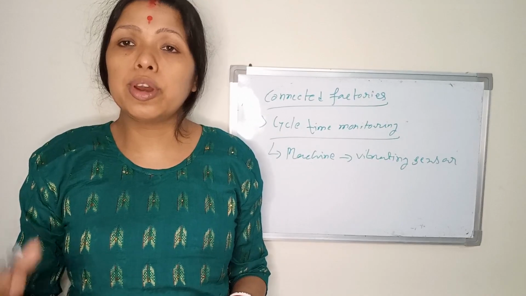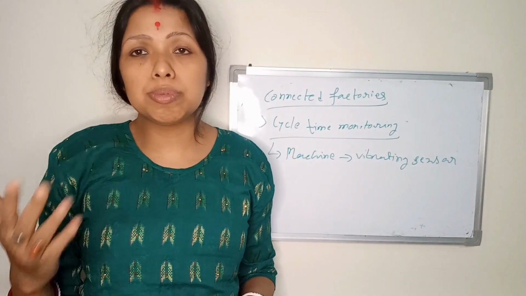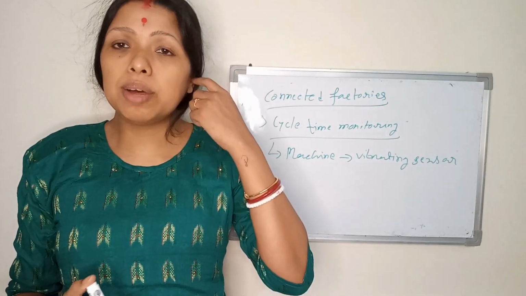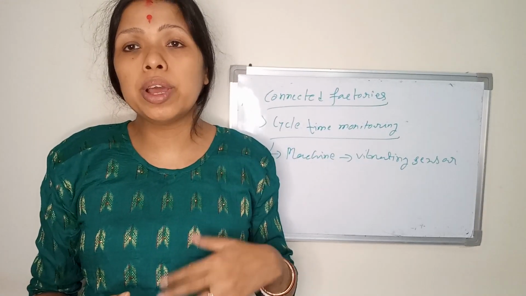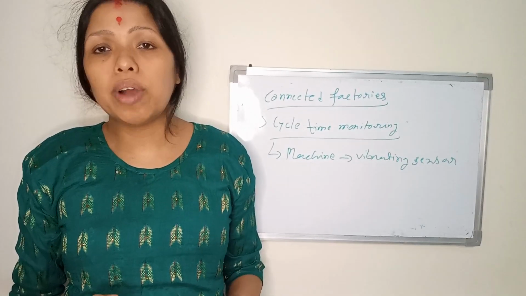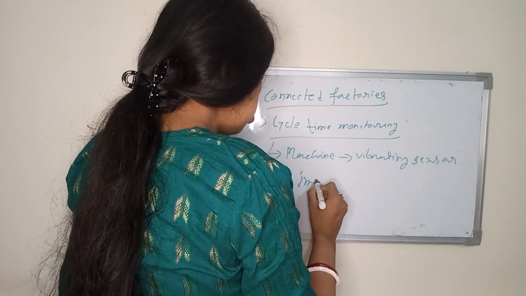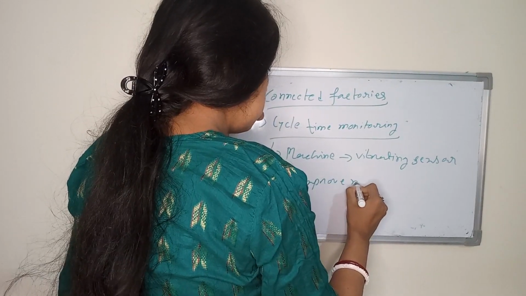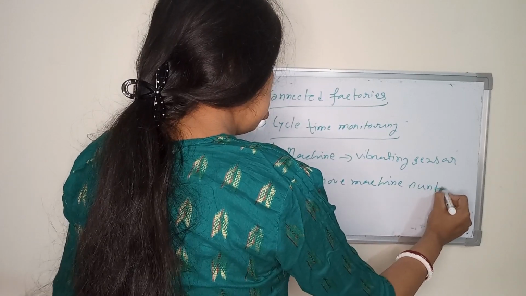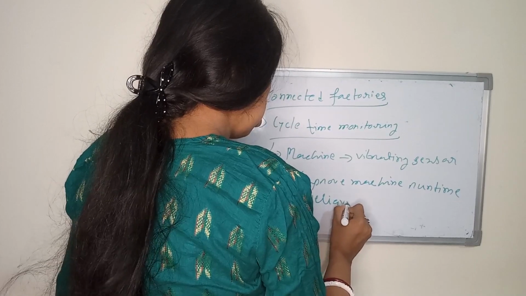If some discrepancy is there, they will know that the machine has to be checked, and if there is any drawback, we can modify the machine in advance. So it can improve machine runtime and reliability.